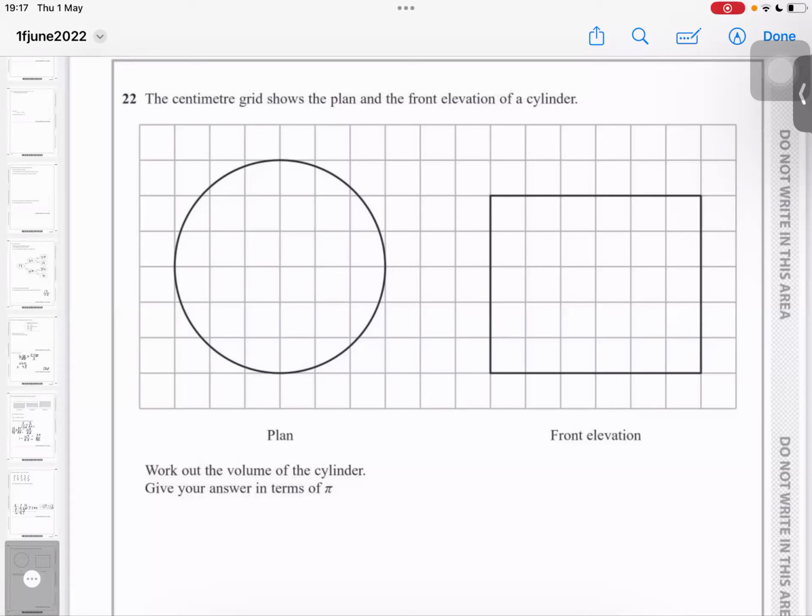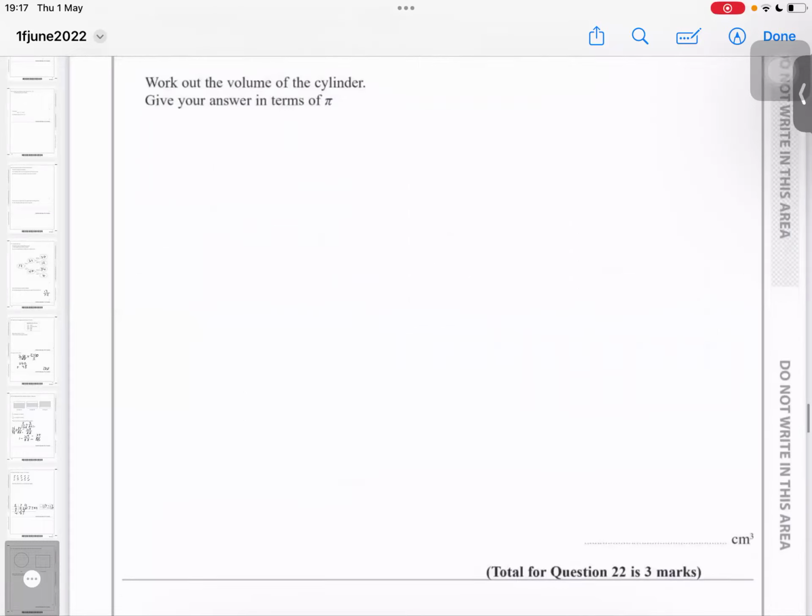Okay, so are you good with my explanation, or is there a part of it that you didn't get? Yes, it's good. Okay. So can we move on now?